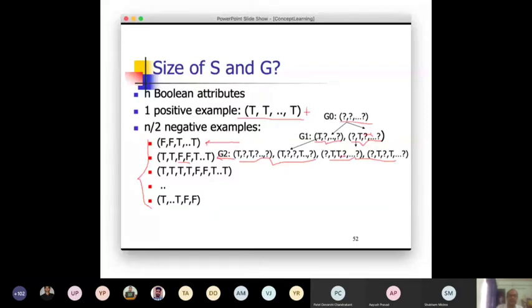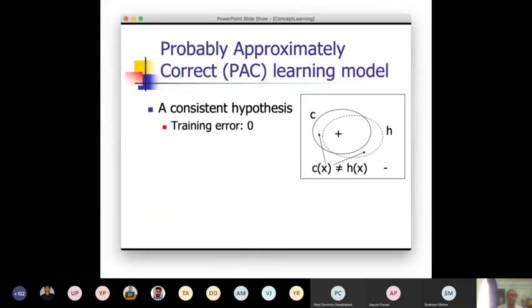That means at every step, every hypothesis in the previous general boundary leads to two hypotheses. So you are multiplying by 2, and there are n by 2 steps. It would be 2 to the power n by 2. So the size is 1 for the most specific boundary, and the most general boundary will have 2 to the power n by 2.